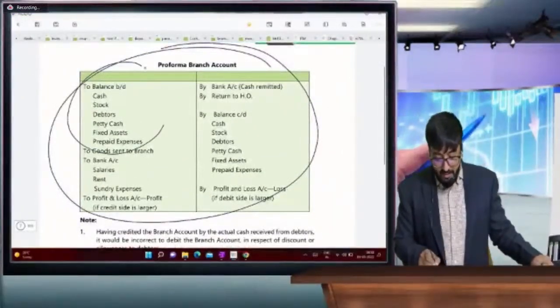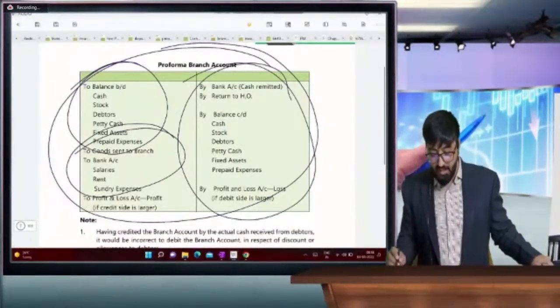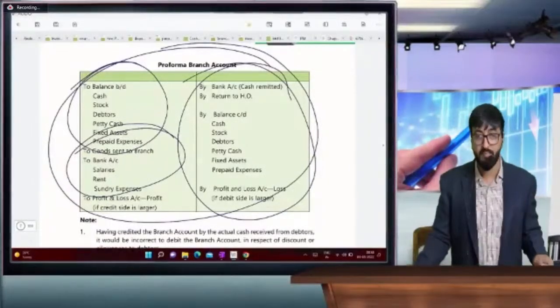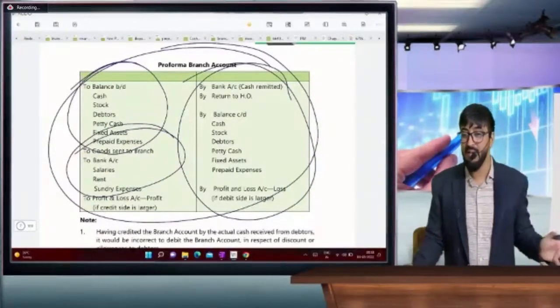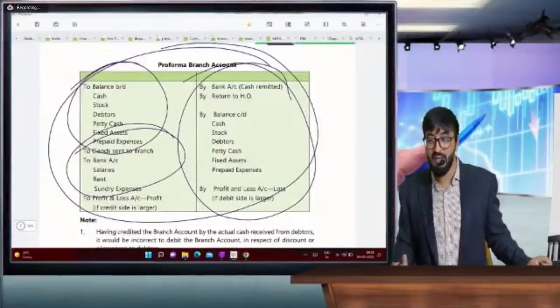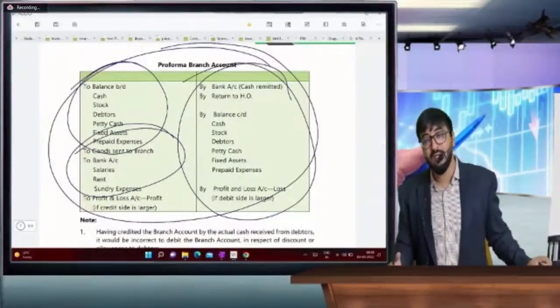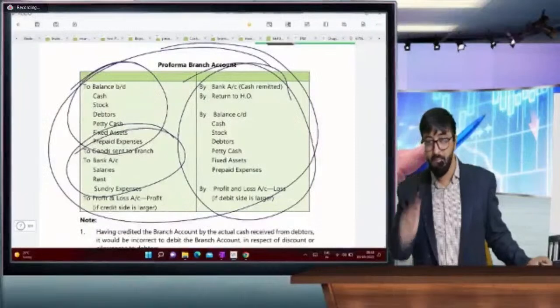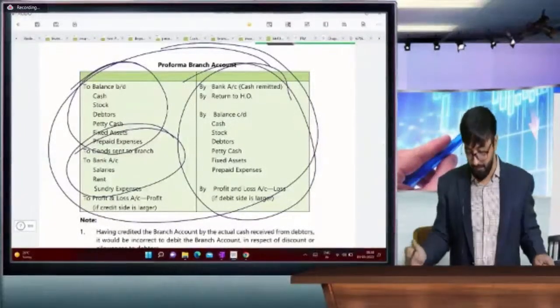So by heart this pro forma and get the answer. Otherwise, simple way, think from HO point of view and don't by heart the pro forma, and solve Sanket's steps. All 4 steps will give you the correct answer. But remember, this profit or loss does not have any cross tally, my friend.